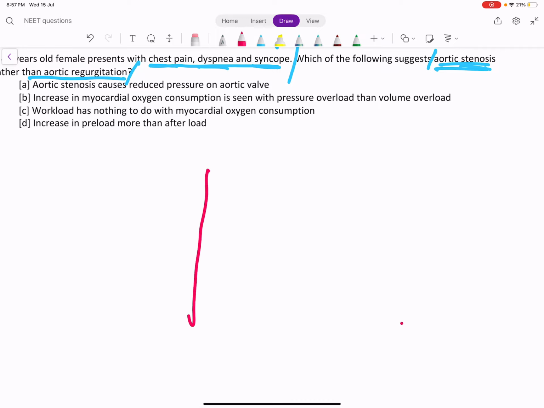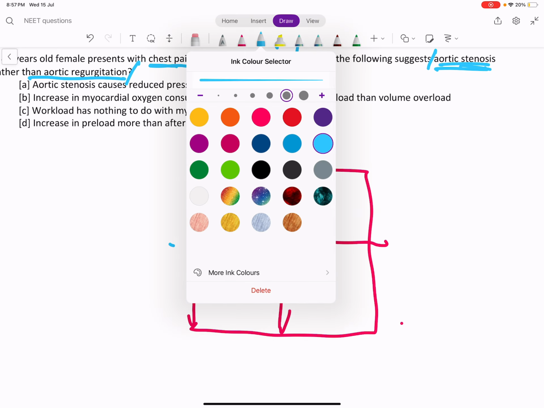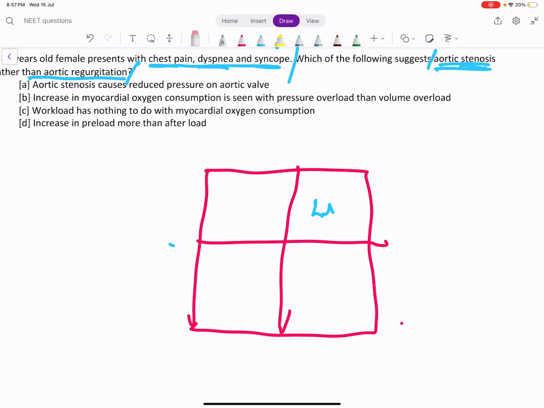I am drawing a box diagram of the heart. This is the right atrium, right ventricle, left atrium, left ventricle.